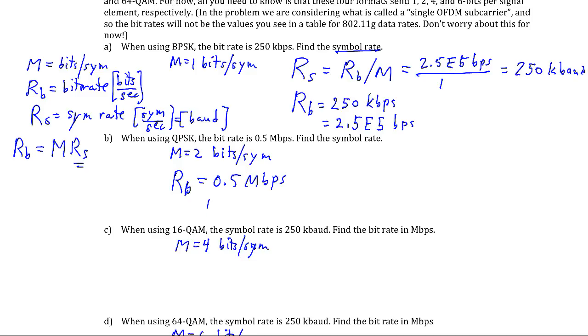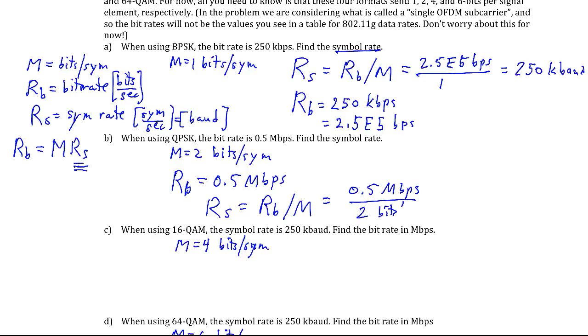And therefore my symbol rate is my bit rate divided by M, again solving for RS, and this is 0.5 megabits per second over 2 bits per symbol, and 0.5 over 2 is 0.25 megasymbols per second, or megabaud, or again 250 kilobaud.